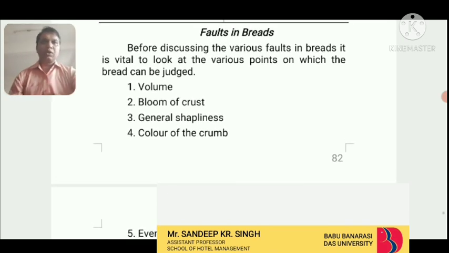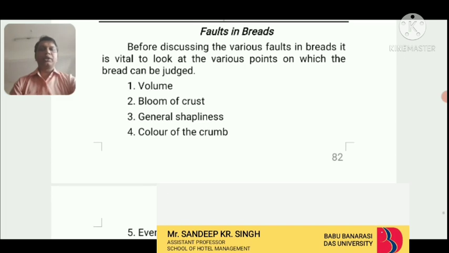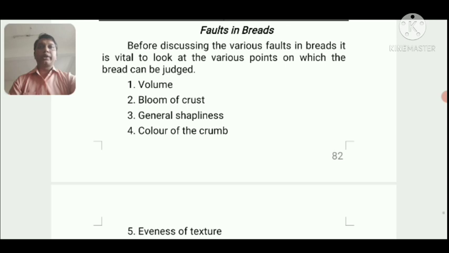After this, now we need to understand what faults occur, what remedies, or what things we do due to which the breads will get destroyed. Bakery is such a thing: if we have done something wrong in the very first stage of making bread, then it is quite impossible to correct that particular batch of items.